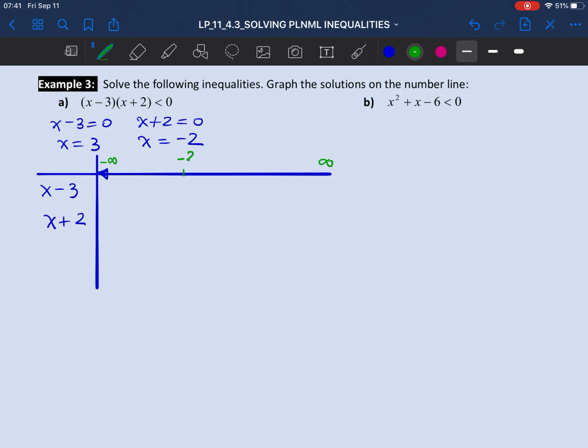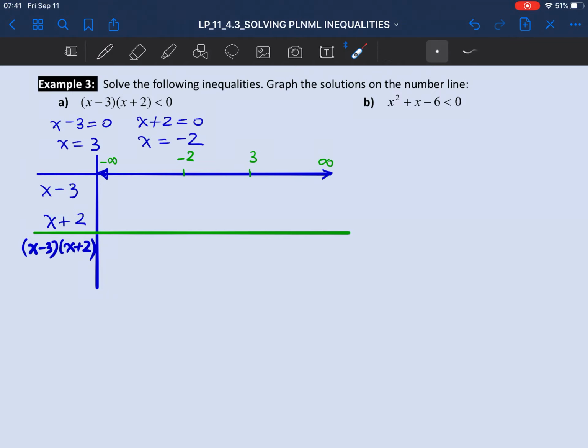And the zeros are listed here in order -2 and +3. And we're going to draw a line at the bottom. And here we're going to list the factors or the product x minus 3, x plus 2. So remember that we are using the chart to study the signs of the factors and then the product.